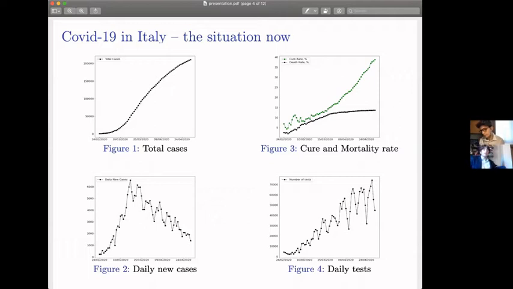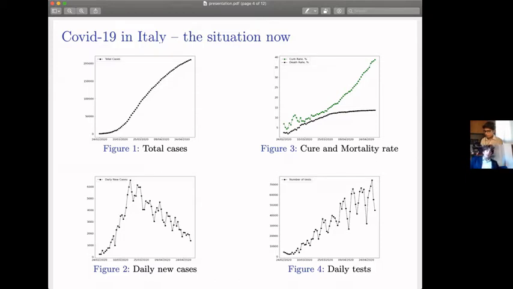Clearly, this can be due to a variety of factors, but probably the increase in death rate is due to an overburden of the health system, especially in the most affected areas of the country, and in the time span when the outbreak was growing.